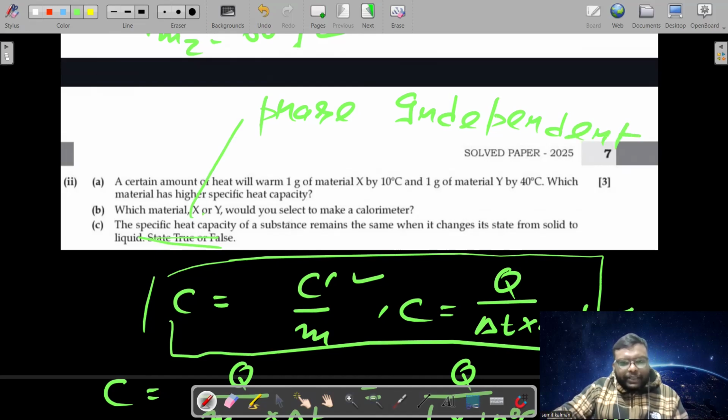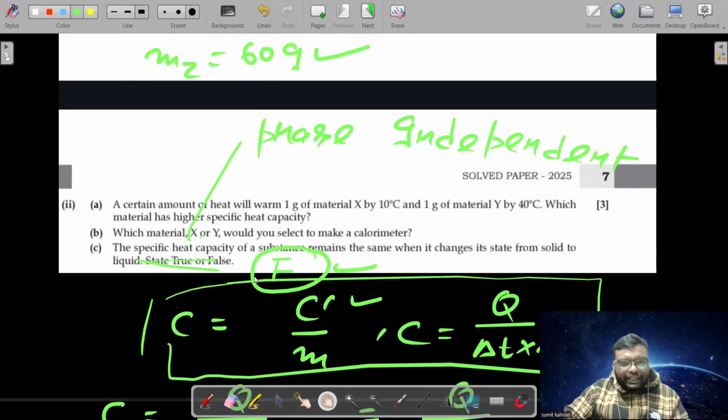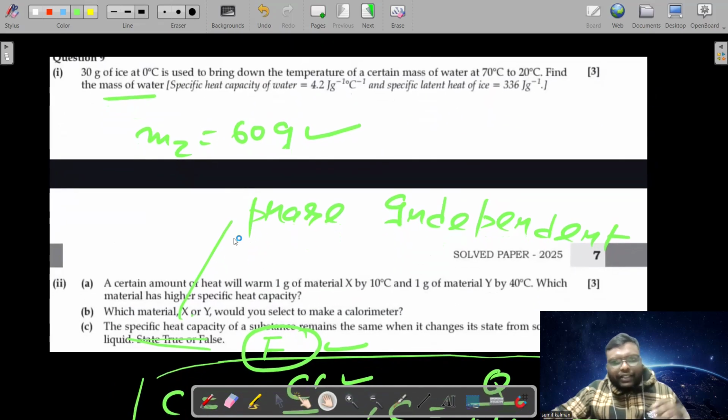So this statement is false. It will not remain the same when it changes from one state to another. So this will be false. So this was one whole problem based on chapter number 10, that is heat. Now we'll solve another problem.